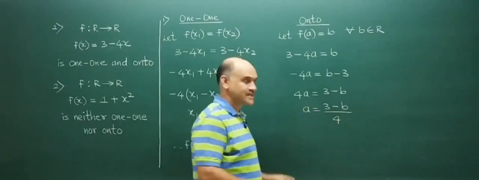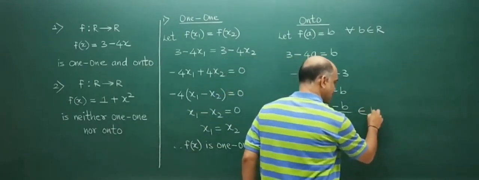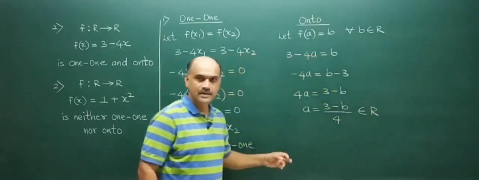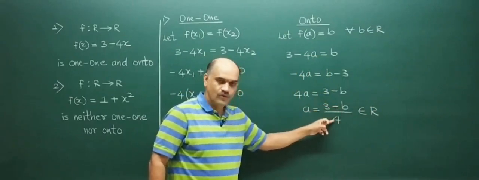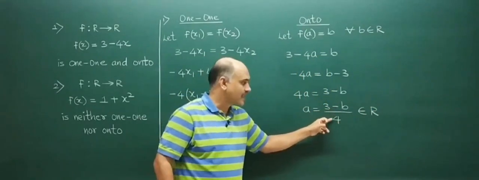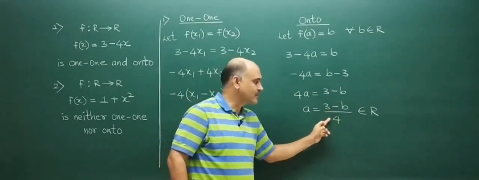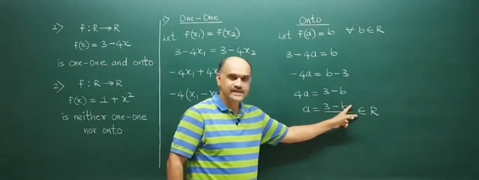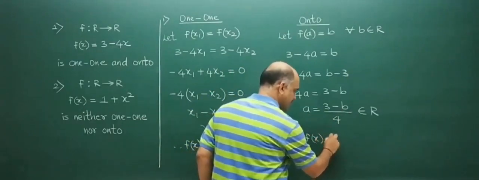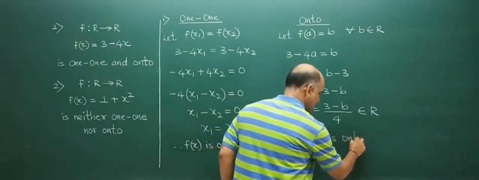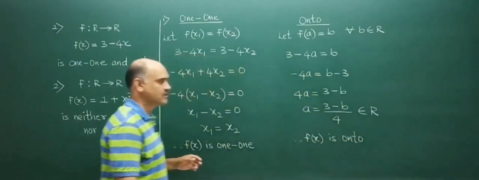So therefore this belongs to R. If there was any other b over here, then it could have been 0. As there is 4, it will never be 0 in the denominator. Therefore it is a real number. So you can say therefore f of x is onto.